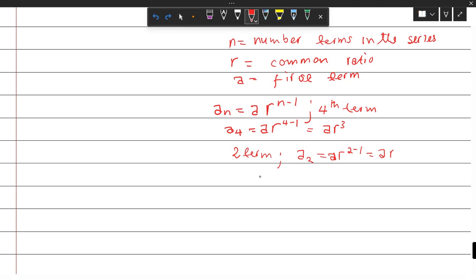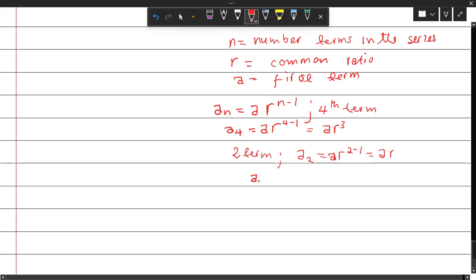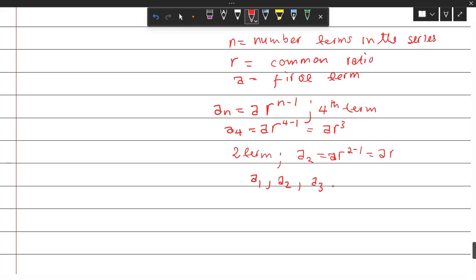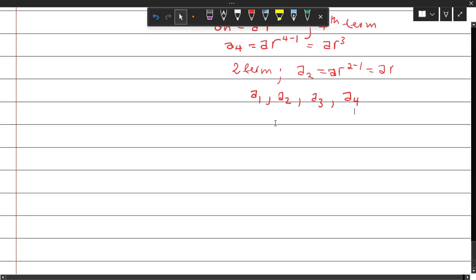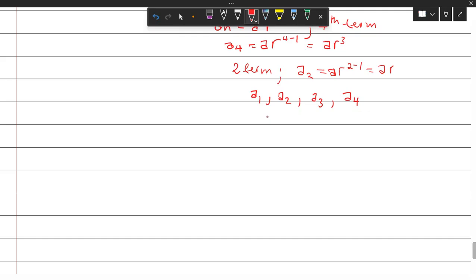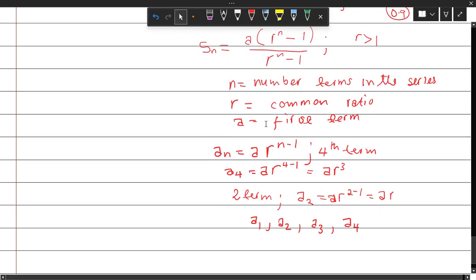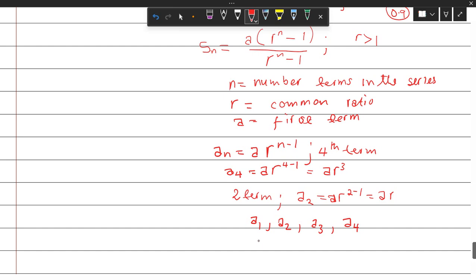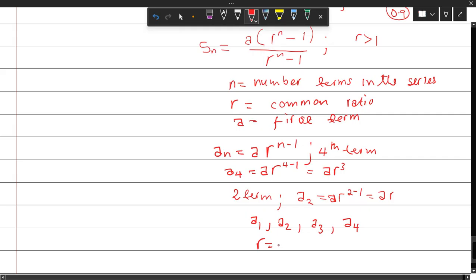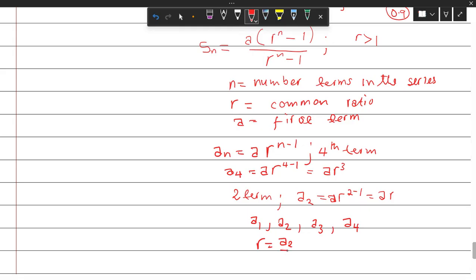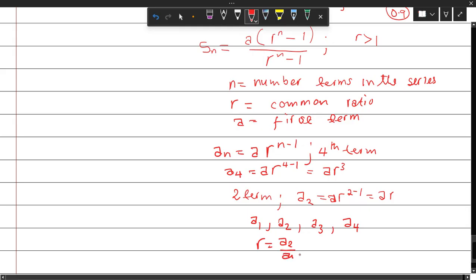For example, you have terms in this series: A1, A2, A3, A4. They could be numbers, they could be anything. Now we want to find the common ratio r in this series. You get A2 and divide by the previous term, A1.